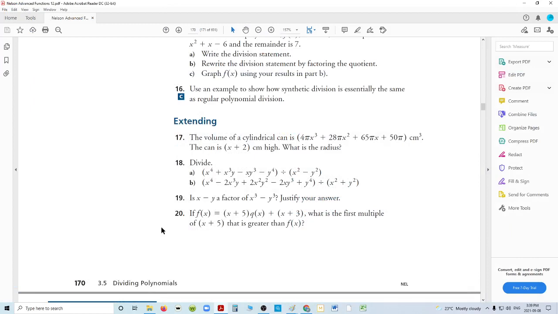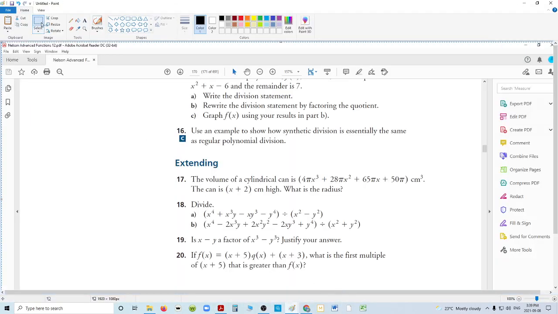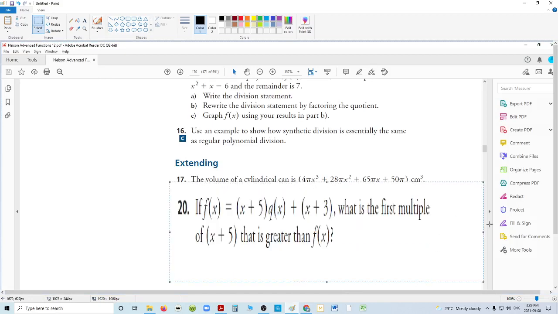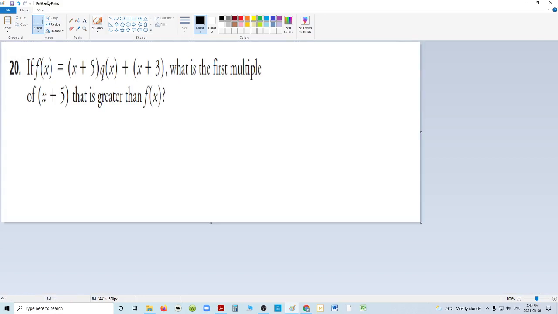And it looks like 20 is going to be difficult. So the question is for 20. Ooh. If f of x is equal to that, so it's some quotient. In other words, what's the quotient? There's the divisor, and there's the remainder. What is the first multiple that is greater than f of x?